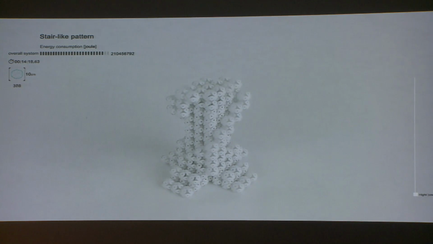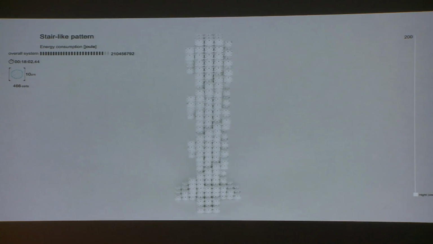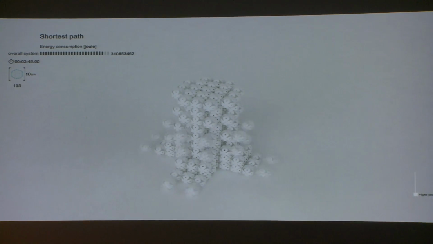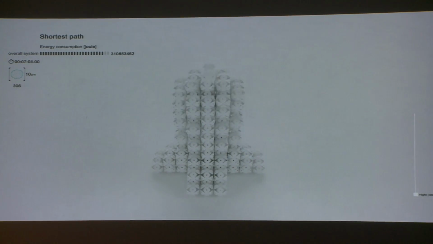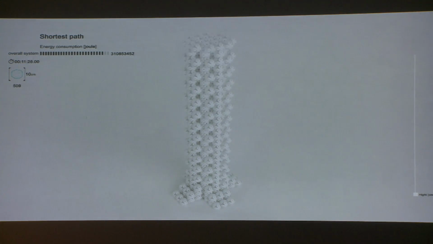We needed around 460 cells and 18 minutes to reach this height. The next one is the shortest path, and the time of assembly is the quickest of all 3. However, it needs almost 100 cells more to achieve the same goal, like in 12 minutes.